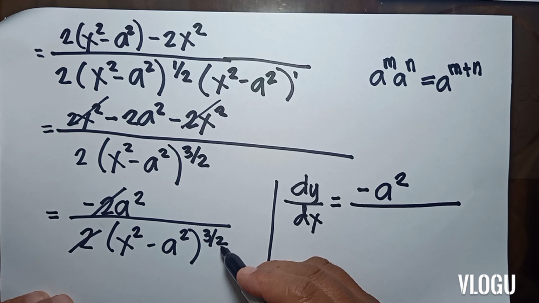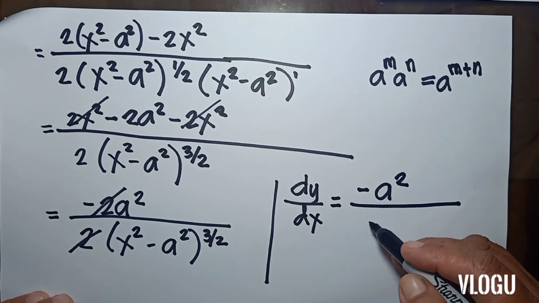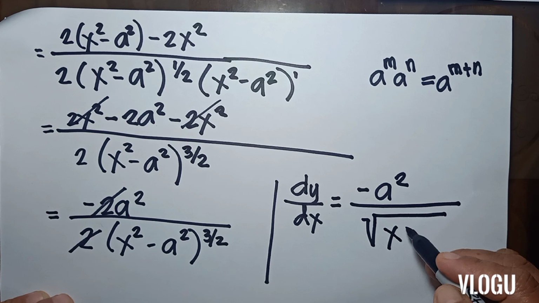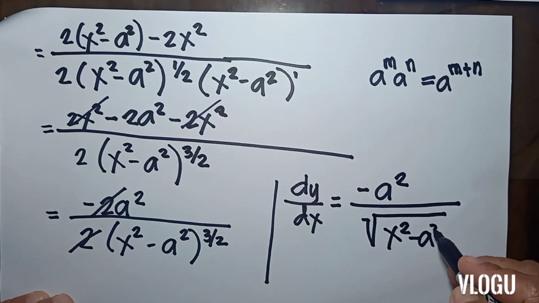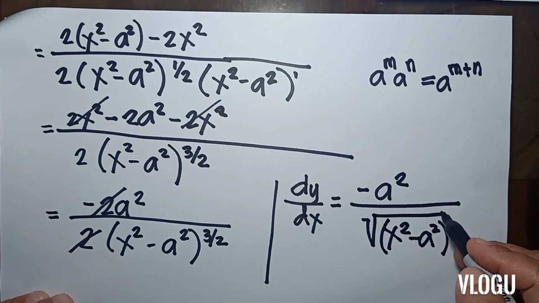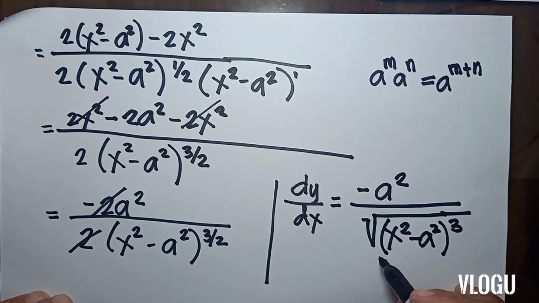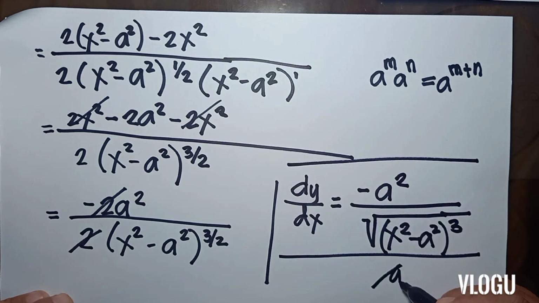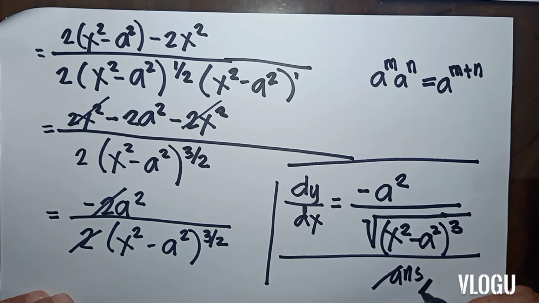The index here is 2, so we can write that as the square root of x squared minus a squared, then cubed. That is the form. So this is now our final answer. So that's it.